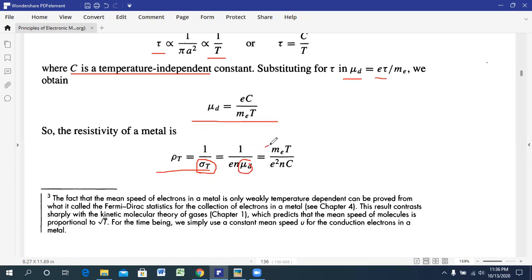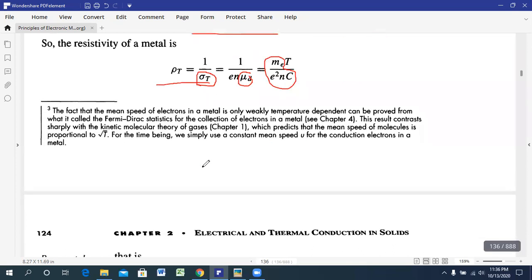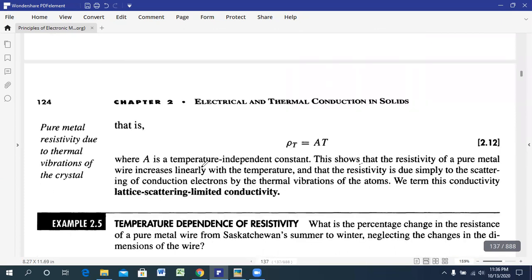So here we see that this total portion is a constant term. So the rho of T is directly proportional to temperature, and the sigma of T, or the conductivity, is inversely proportional to the temperature. So this can be written as rho of T equals A of T, that means the resistivity of the material is directly proportional to the temperature.